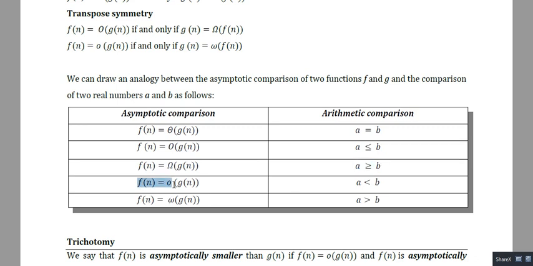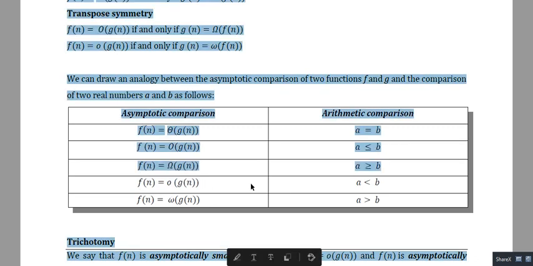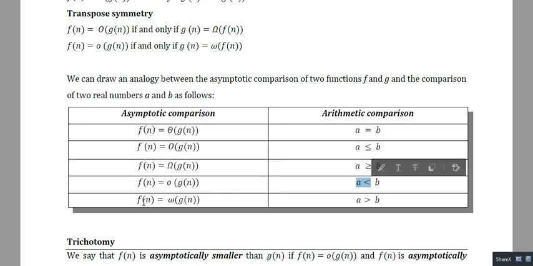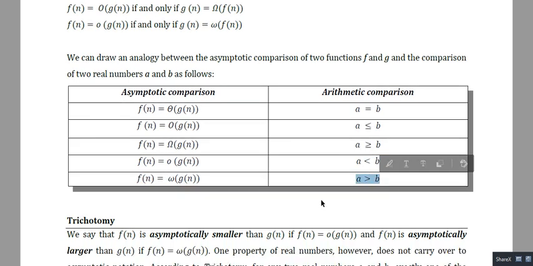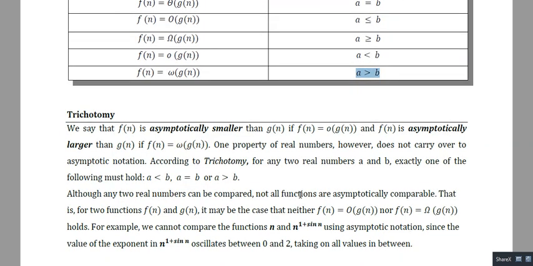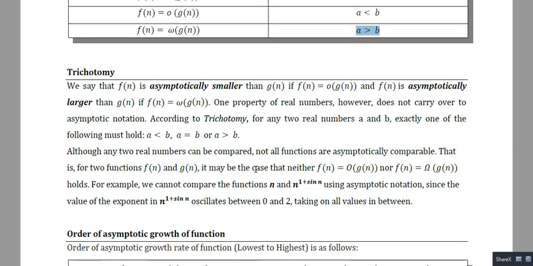And f(n) equal to little o of g(n) means a is less than b, and f(n) equal to little omega of g(n) means a is greater than b.